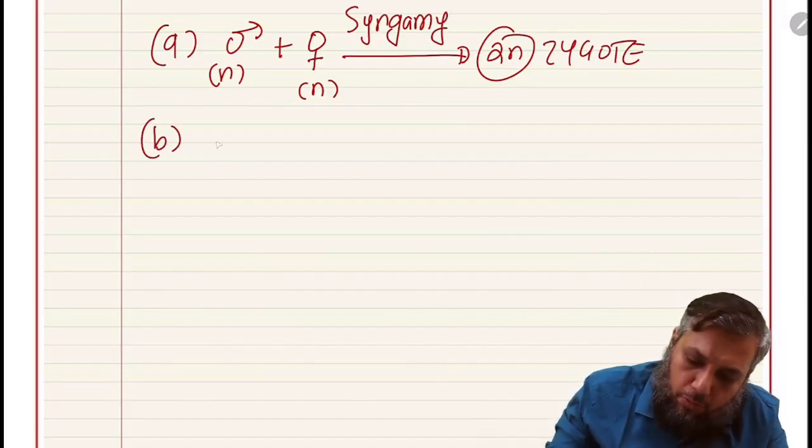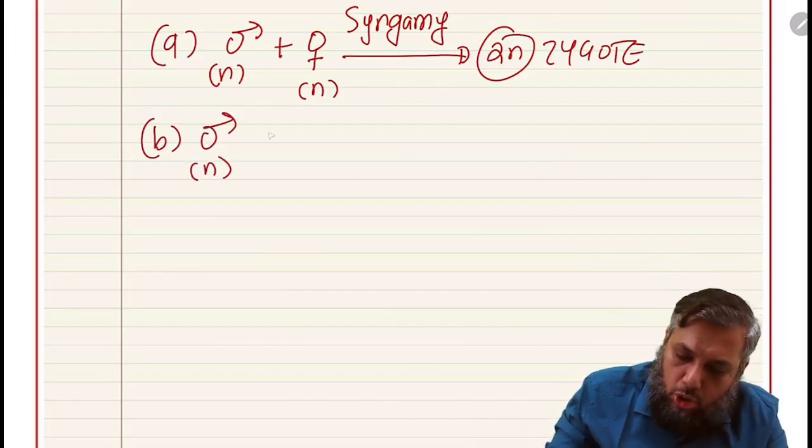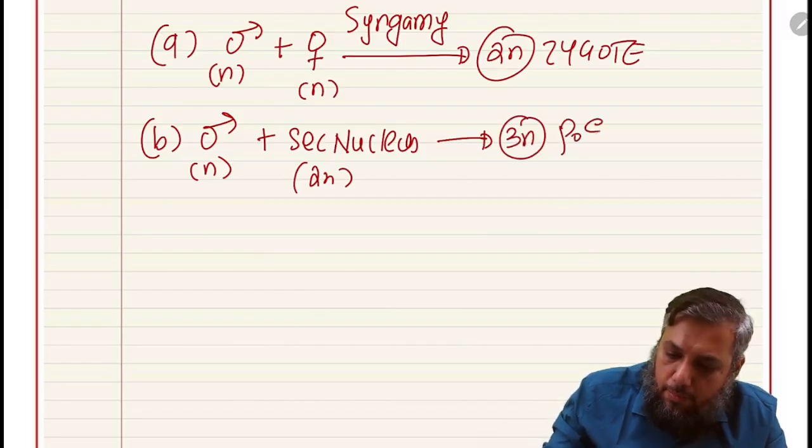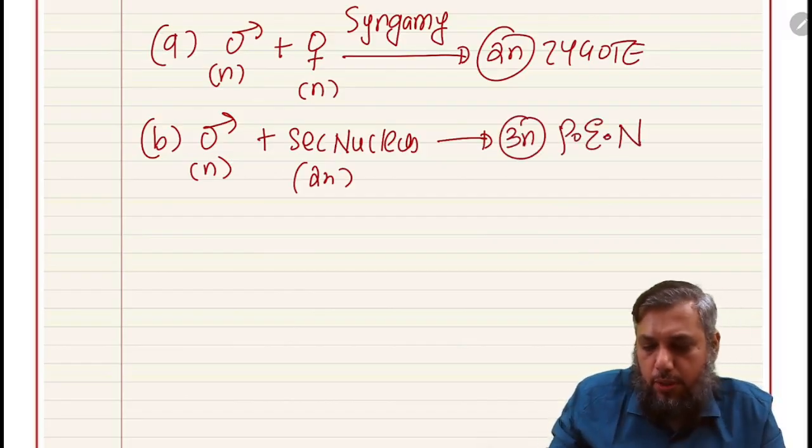Now you're left with one more male gamete, which will fuse with the secondary nucleus, that is diploid, resulting in the formation of a triploid cell called primary endosperm nucleus.